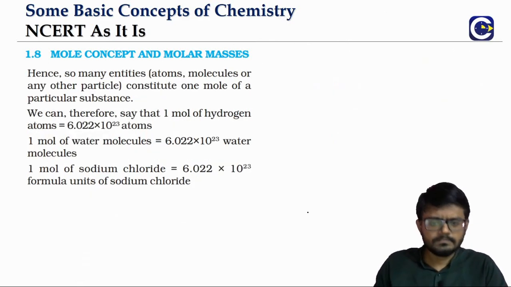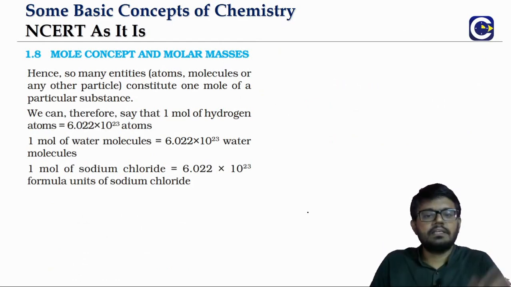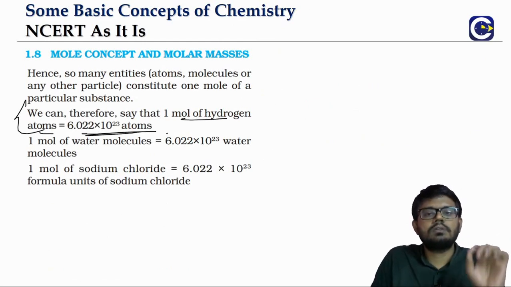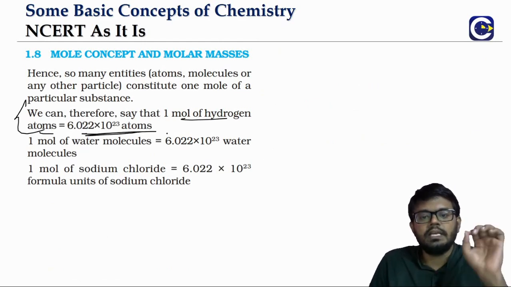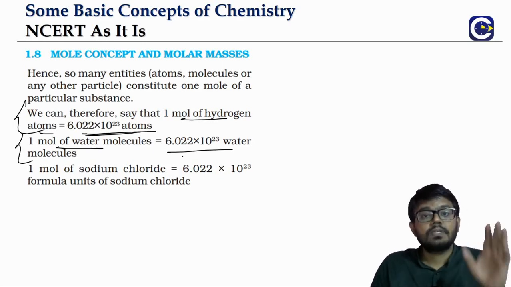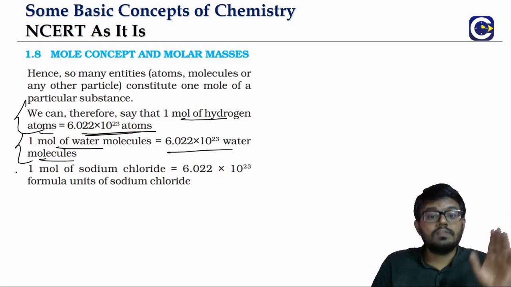So when you look at the mole, it can be applied to anything. 1 mole of hydrogen atoms means 6.022 × 10^23 atoms. 1 mole of water molecules means 6.022 × 10^23 water molecules. 1 mole can be used for anything.